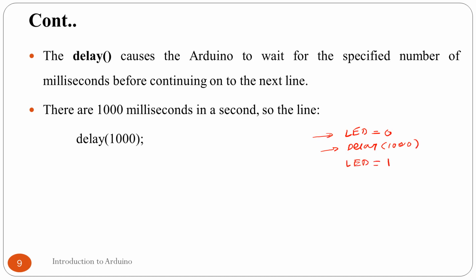Your LED will be in low state first, and then your program will wait here for 1 second. Whatever delay you mention, your program will wait for that amount of time, and then your LED will be in on state. There are 1000 milliseconds in a second, so we can write delay 1000.